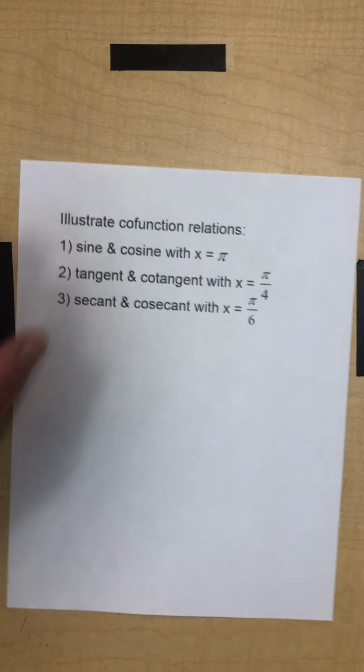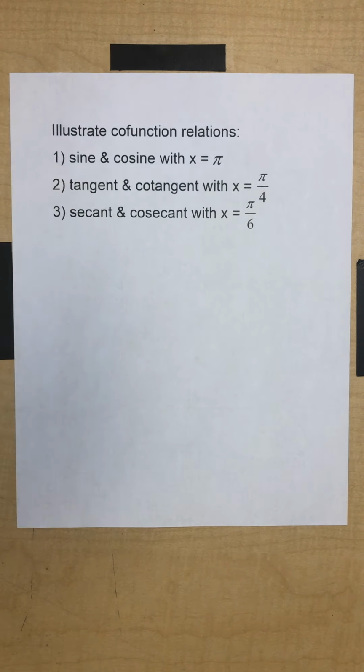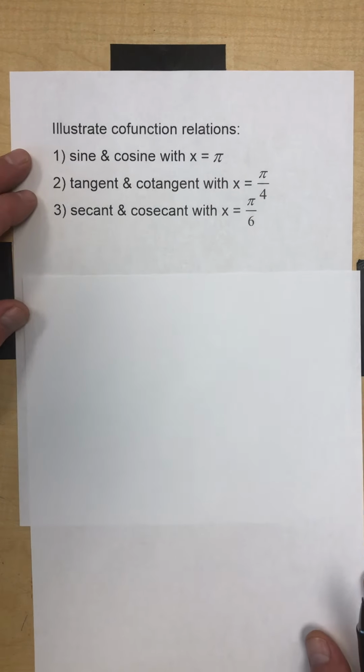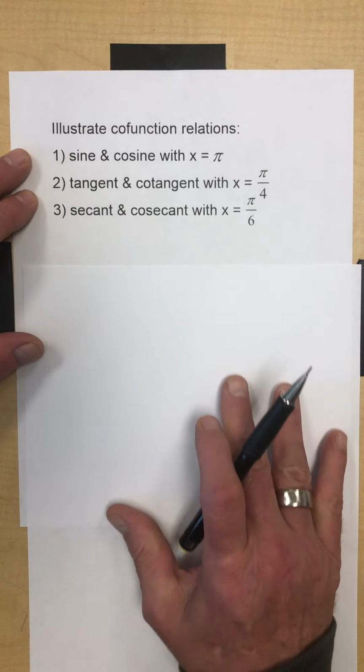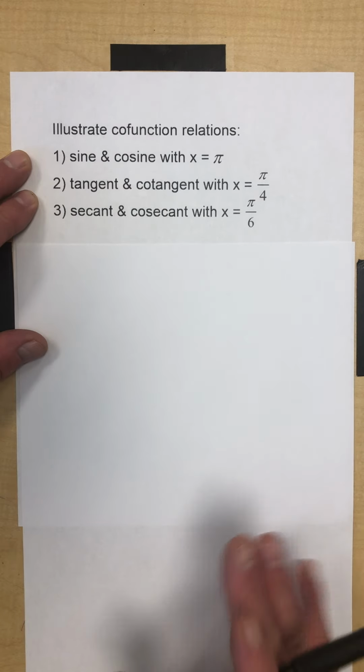So we can easily illustrate this with just some random values. Sine and cosine when x equals pi. Obviously we're talking about that top one, and we're going to look at sine and cosine.